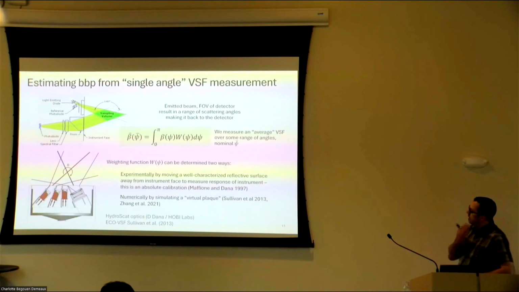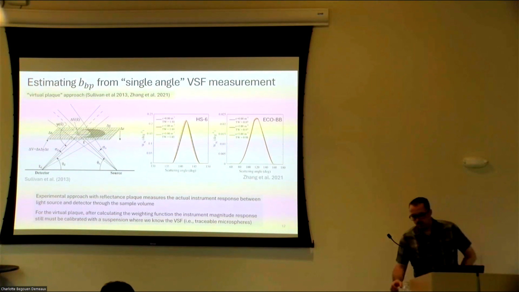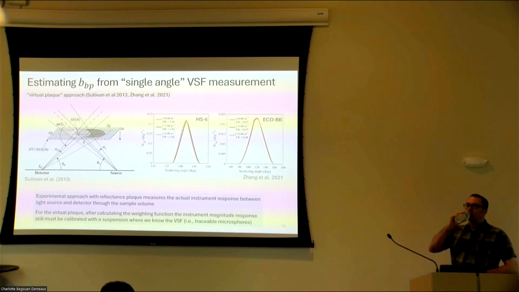Look how wide the eco side is compared to the other side. So anybody who's using the VSF in the right direction will affect an eco BB like that.